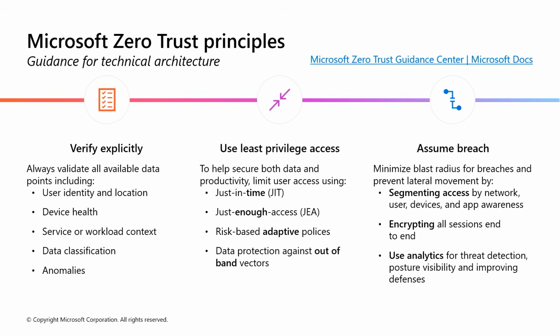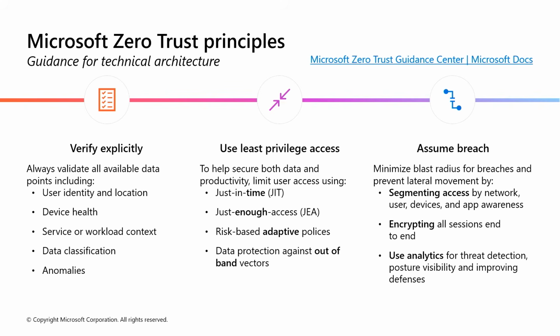If their work is not completed, they can request an extension or renew their access. This approach helps to reduce risk by ensuring that permissions are tightly controlled and regularly reviewed. Also limiting user access with risk-based adaptive policies and data protection to secure both data and productivity.